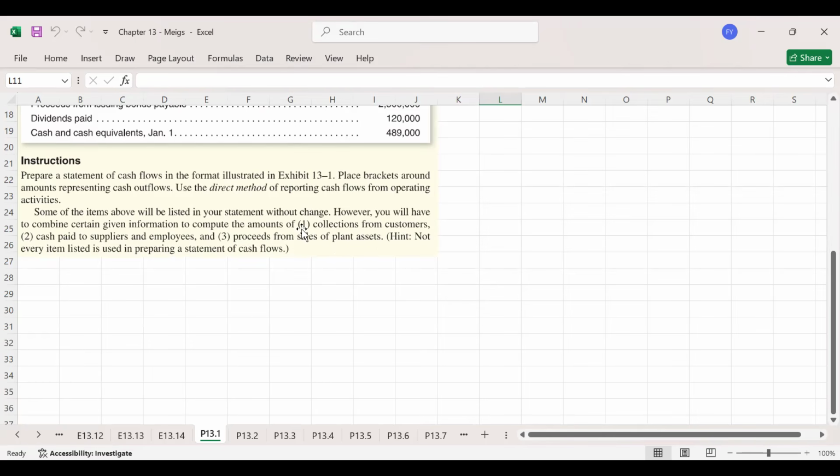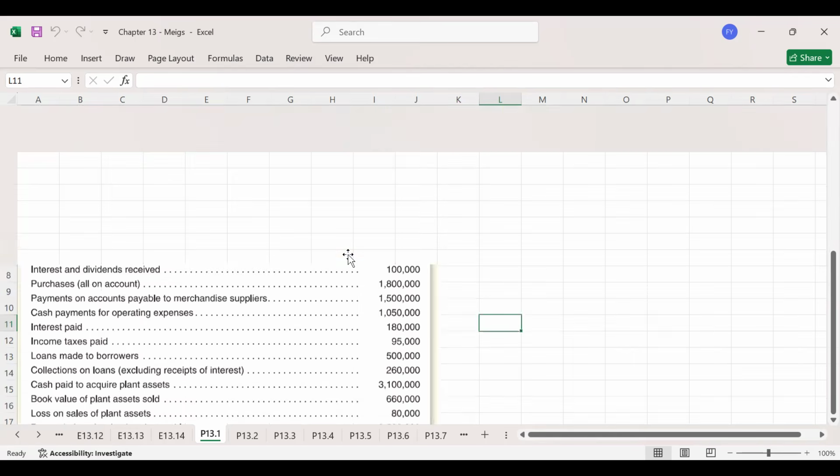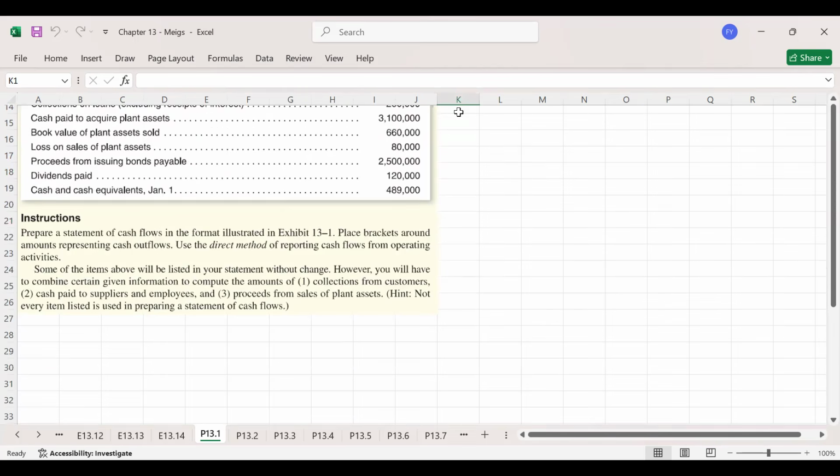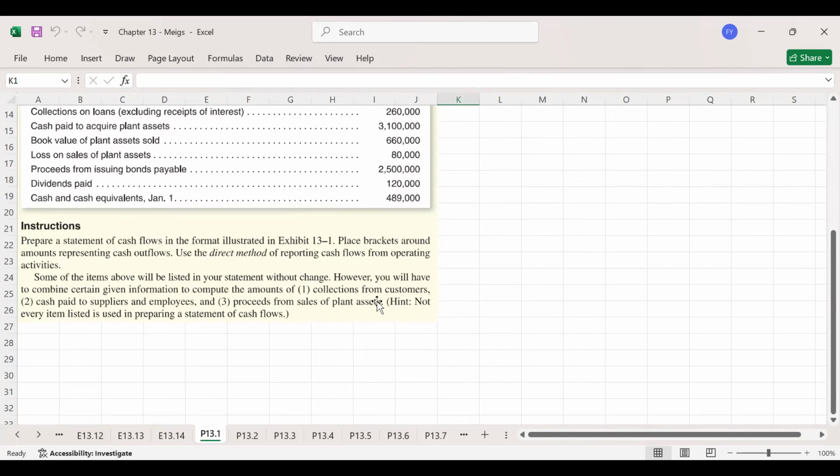So these things are not given, and number one and number two are required for calculation of cash flows from operating activities, and the number three requirement is necessary for calculation of cash flows from investing activities. So these are the supporting or supplementary calculations, and before preparing the proper cash flow statement, we will calculate certain amounts that are missing, that is, collection from customers.